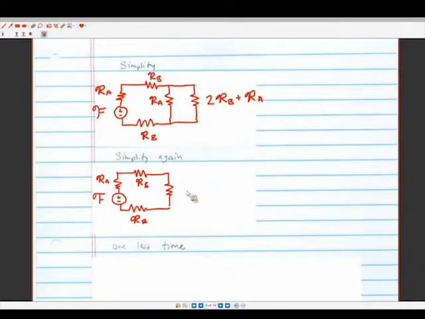Okay, so the equation for parallel circuits is the product over the sum of those two resistances, right?